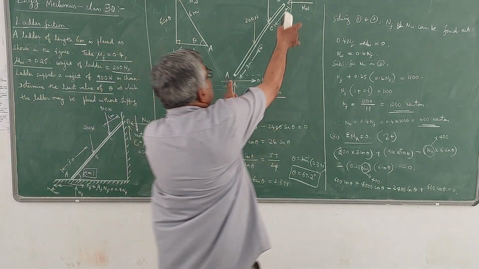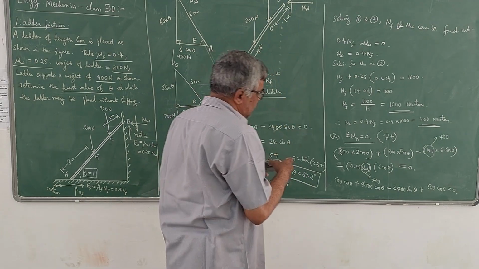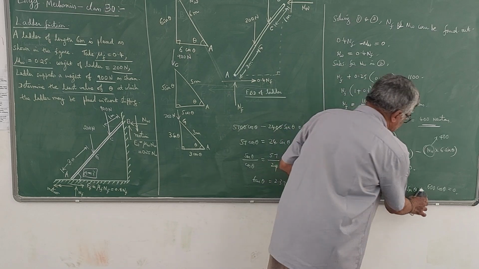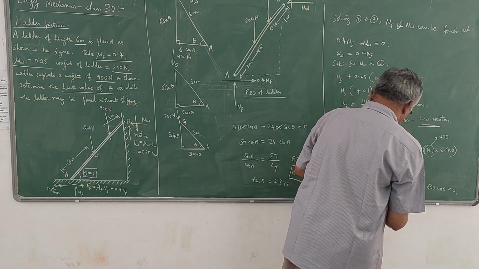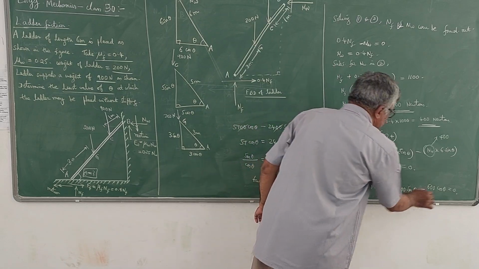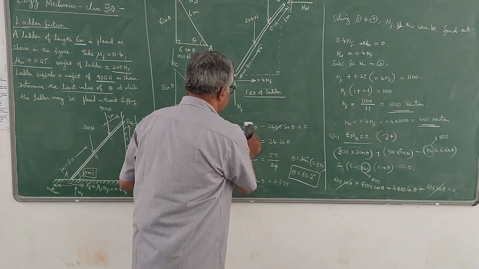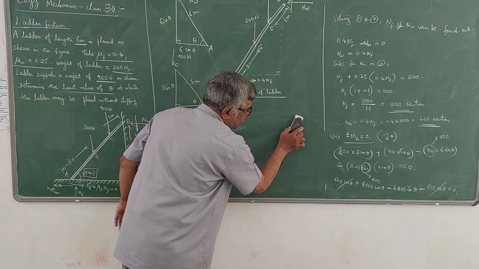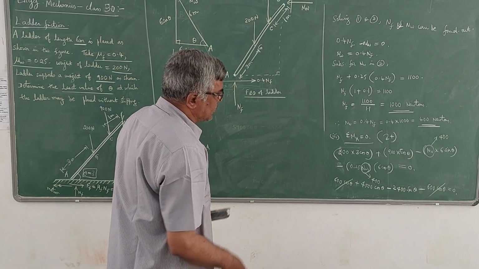Both of them are giving anti-clockwise, so that is minus. Minus means it becomes minus 600 cos theta, so this gets cancelled. You should be careful. Now the value of theta is different here. You should be very careful when you are taking the moment equation.